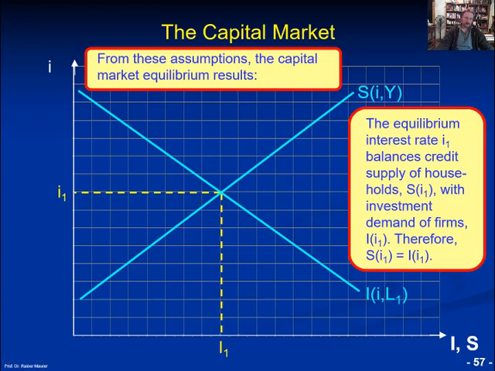Shift parameters on the capital market are, as we have seen, household income, positive shift parameter of credit supply from households, and labor input, positive shift parameter of credit demand by firms.